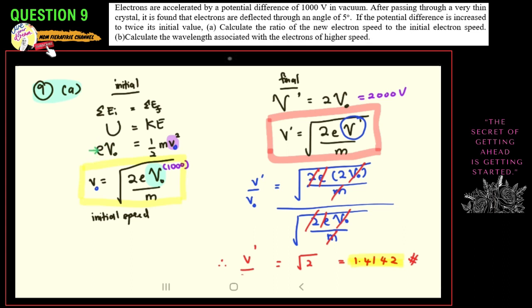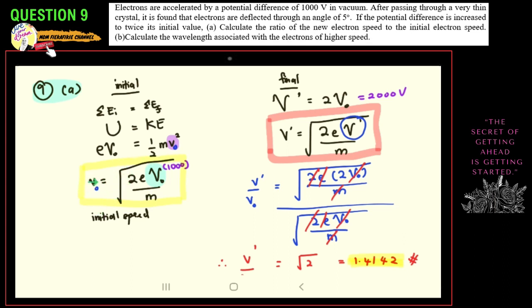And after the electron is moving forward with the speed of V, potential energy akan bertukar kepada kinetic energy, which is half mv squared. So mana datangnya formula ni? Daripada sinilah. So the speed of the electron V is equal to 2eV, where capital V stands for the potential difference, over the mass of the electron. And don't forget to take the square root.